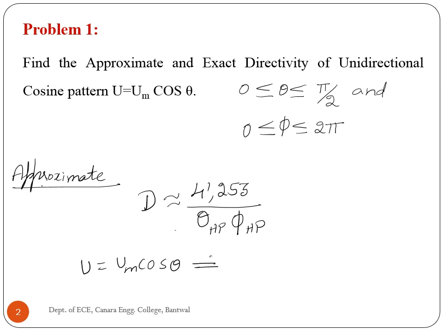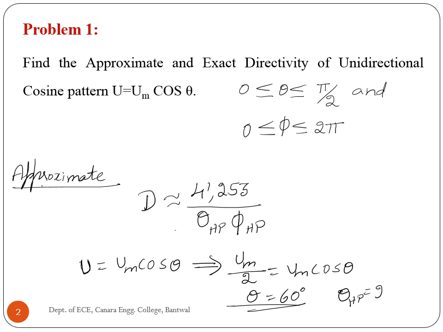We know that at half power points, radiation intensity is half, that is Um by 2, which is equal to Um cos theta. Therefore theta equals 60 degrees, and theta HP is equal to 2 theta, which is 120 degrees.